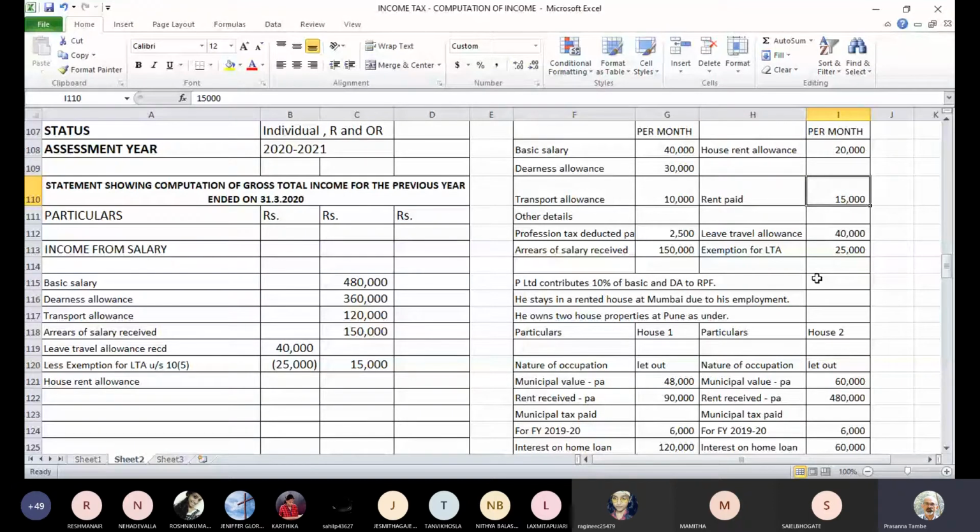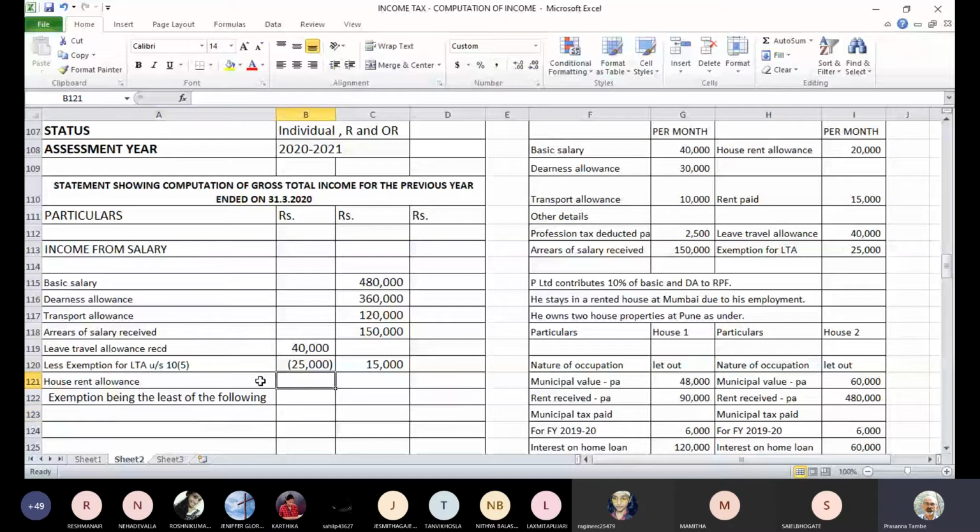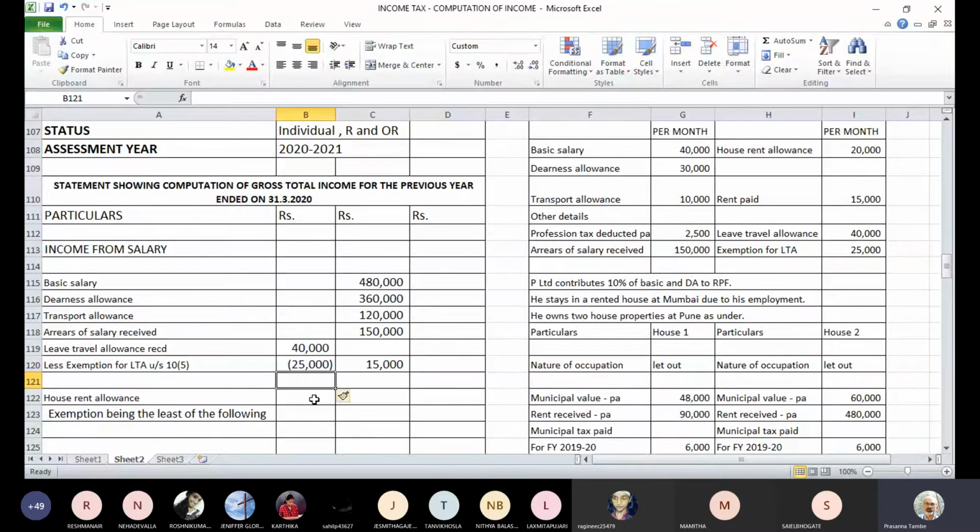House rent allowance. Exemption being the least of the following. House rent allowance received is 2,40,000.